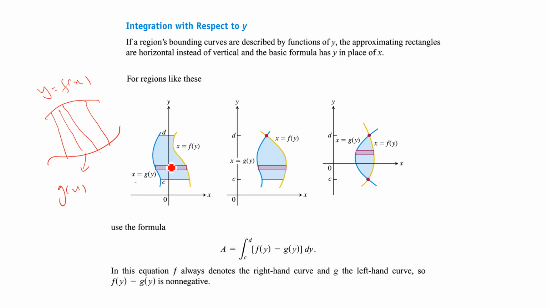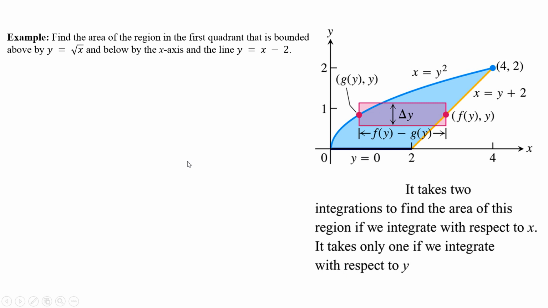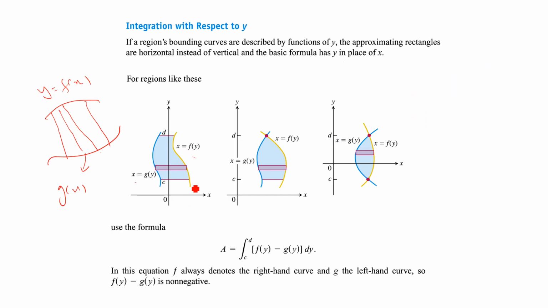And in this case, the difference of the functions will be right curve minus left curve, because the right curve has the greater value of x than the left curve at the same value of y. So we have a value of y, and we have the value of x at that point on both the functions.